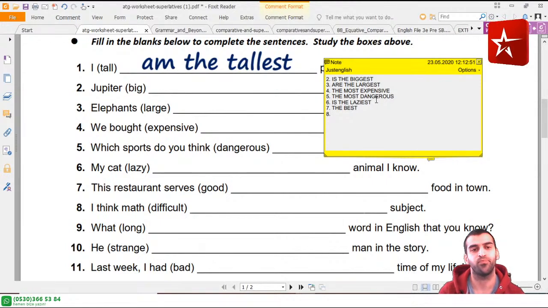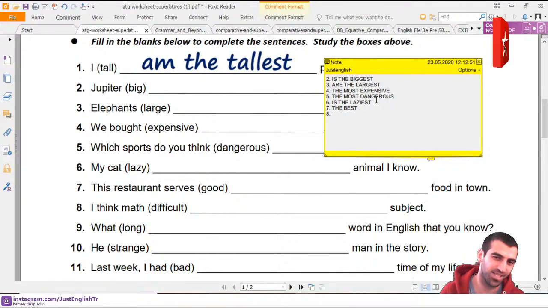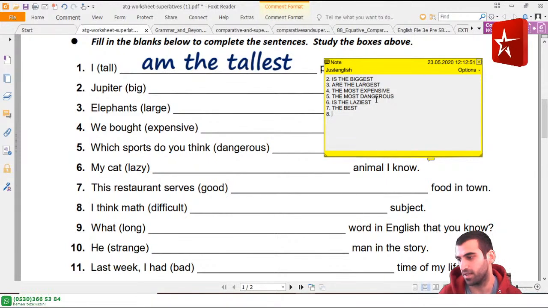Number 8. I think math, blah blah blah subject. Ali Konuk, "most difficult," but Ali, your answer has a small mistake. Don't forget to use "the most difficult." Yes, the most difficult.